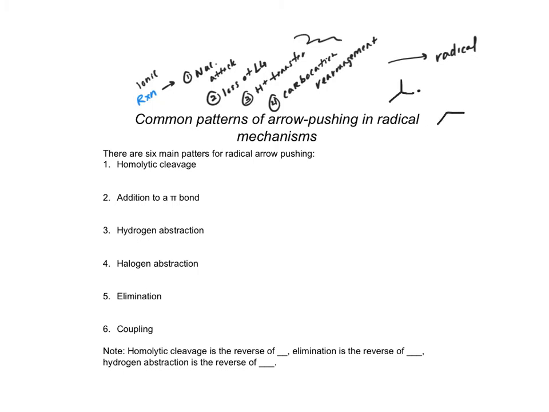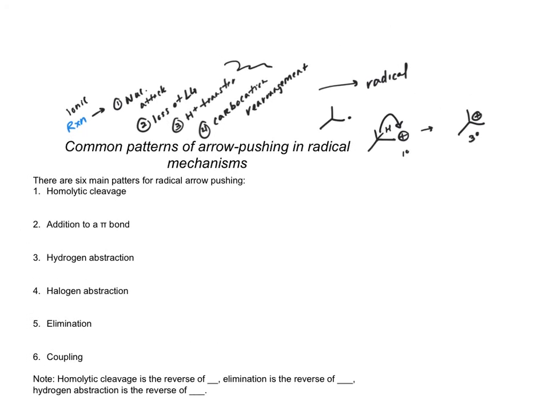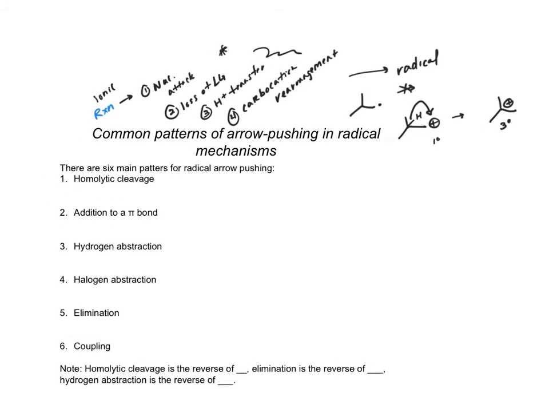If this was a primary carbocation, we would see carbocation rearrangement, right? Because, again, this could rearrange via a hydride transfer into a tertiary carbocation, which would make it more stable. If we saw the same thing for a radical, we're not going to actually see radicals rearrange. So these mechanistic steps that we've learned for ionic reactions are not going to be applicable at all to radical reactions, okay?